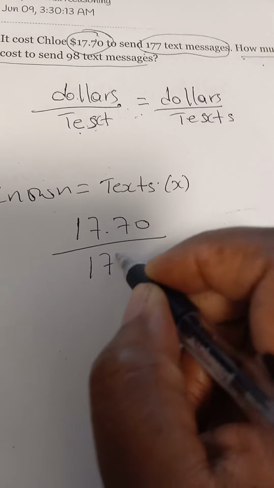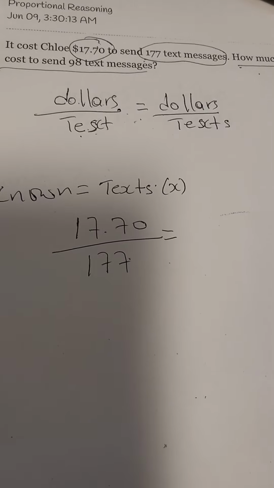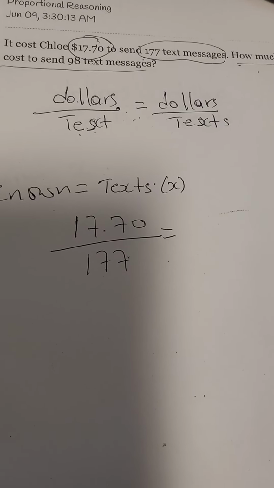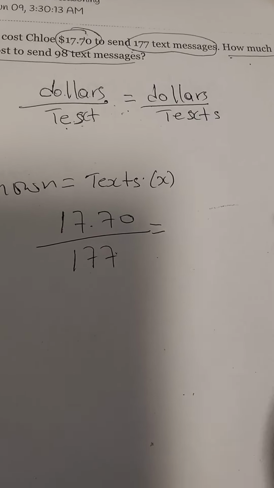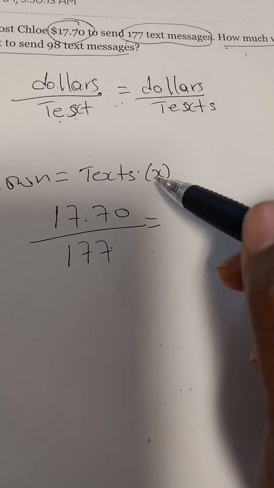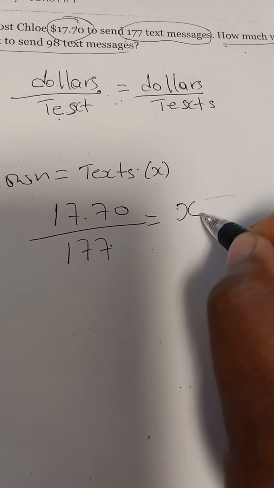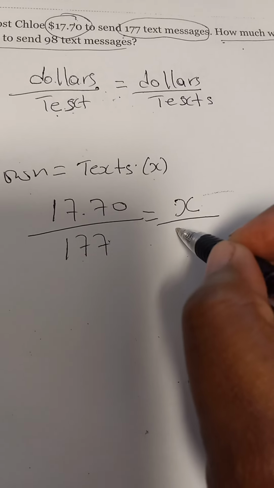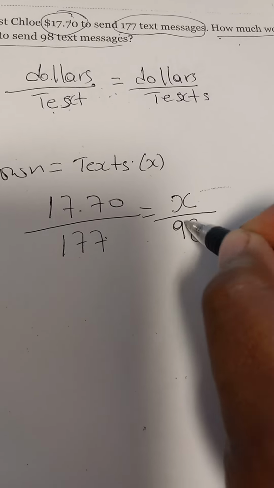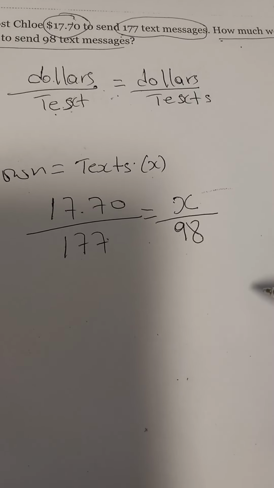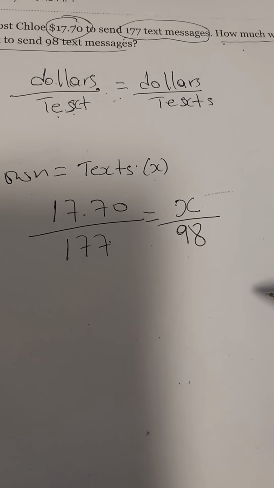So that's what we know. Now we're going to write the text amount that we're going to find. Our unknown is x, and we want to know 98, how much it costs to send 98 texts.